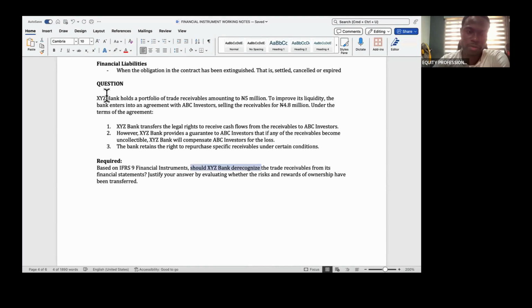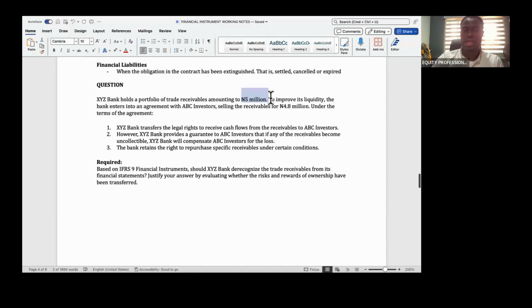XYZ Bank holds a portfolio of trade receivables amounting to 5 million. Then XYZ Bank needs money, so it wants to improve its liquidity. So the bank enters into an arrangement with ABC investors by selling their receivables for 4.8 million.